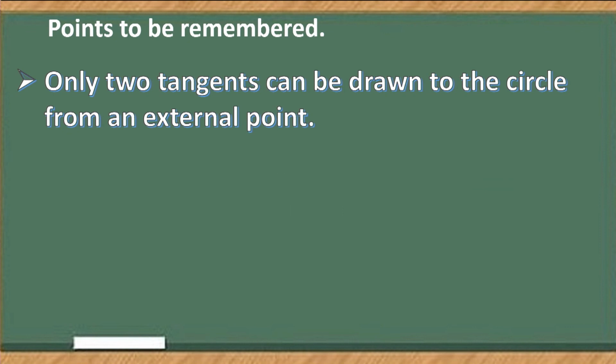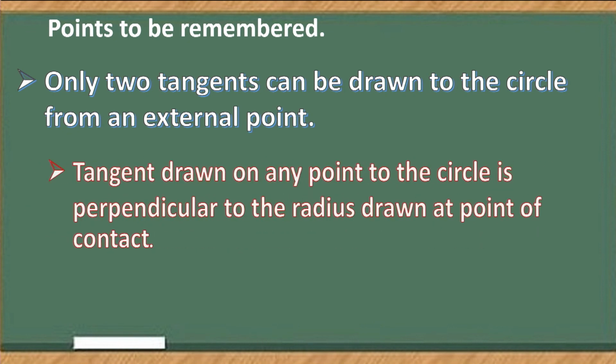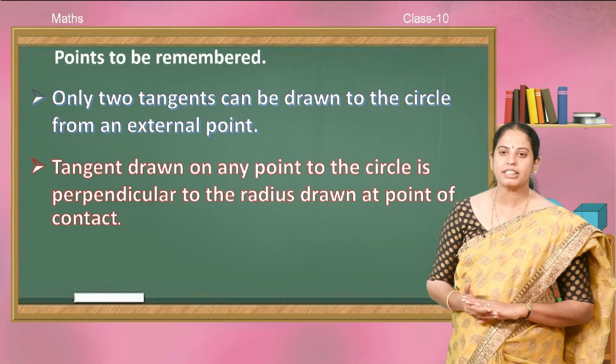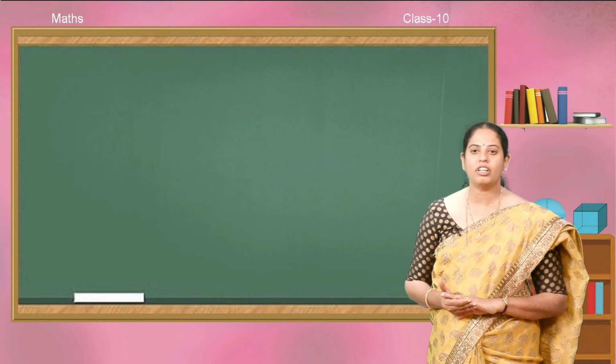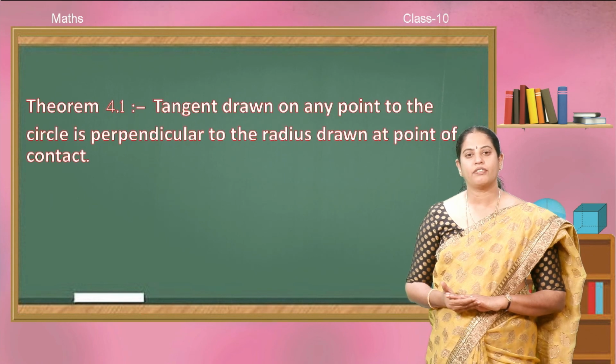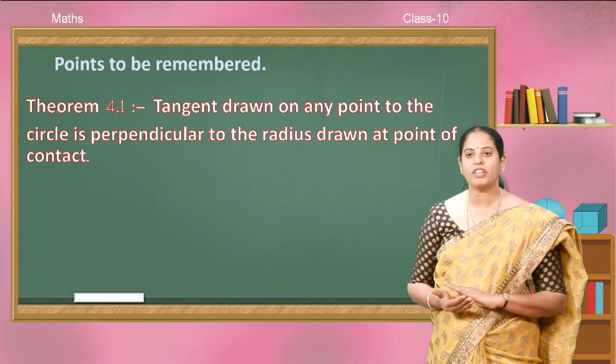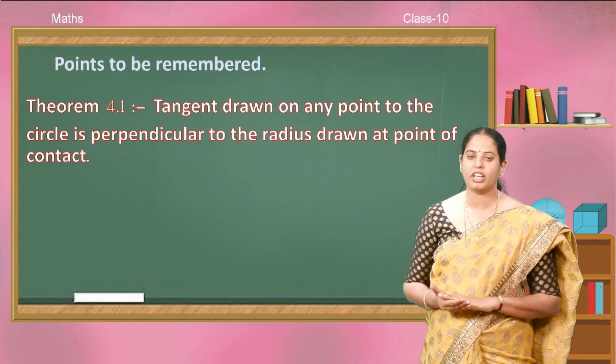Only two tangents can be drawn to the circle from an external point. And we also observed and learned that a tangent drawn at any point to the circle is perpendicular to the radius drawn at the point of contact. Along with these concepts, we have learnt how to prove theorem 4.1 and theorem 4.2, which are very important from the examination point of view.